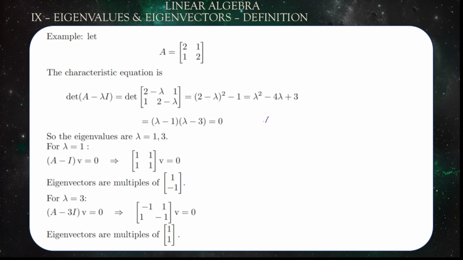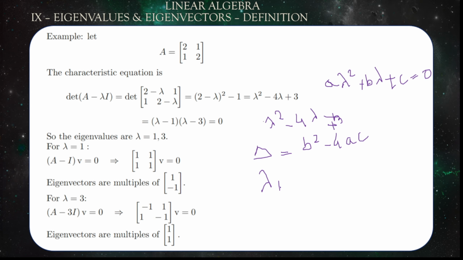So let's solve this quadratic equation, lambda squared minus 4 lambda plus 3, which has the form a lambda squared plus b lambda plus c equal 0. The discriminant delta is equal to b squared minus 4ac.